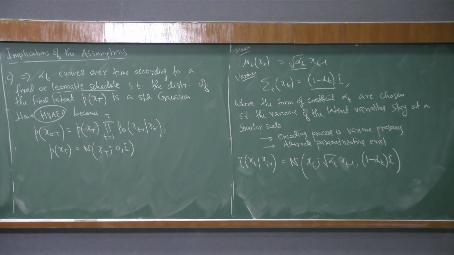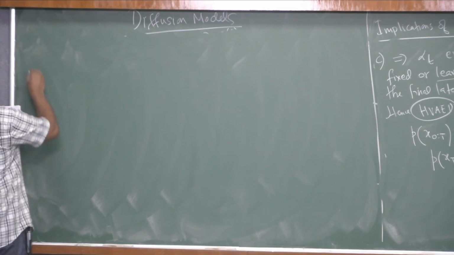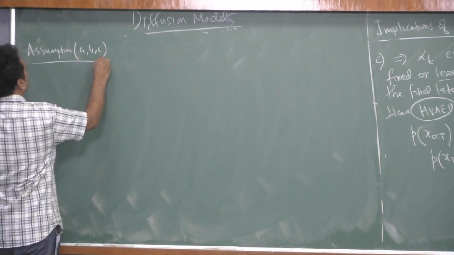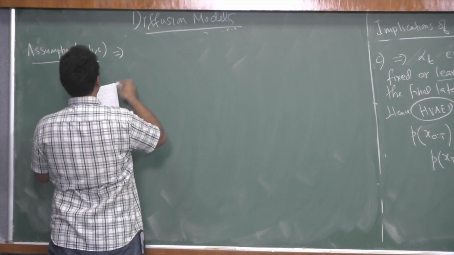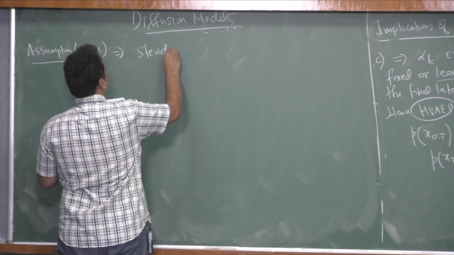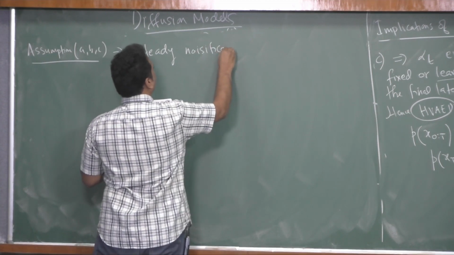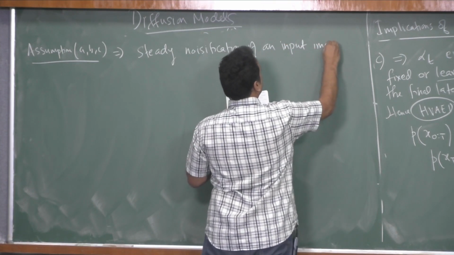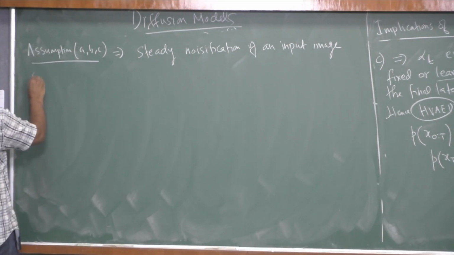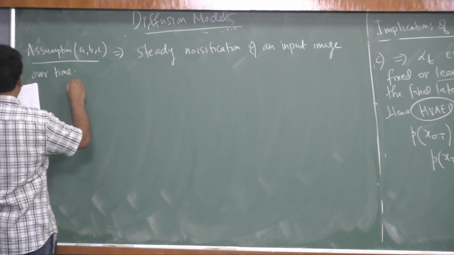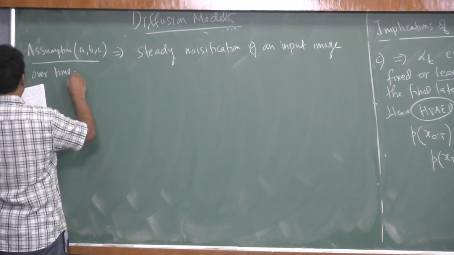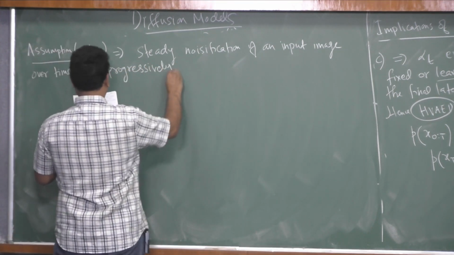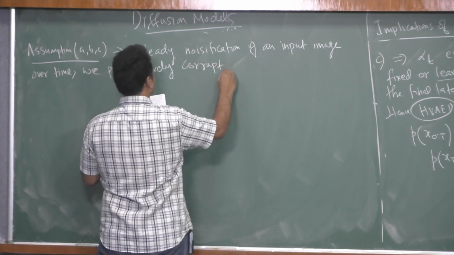All the assumptions A, B, C collectively tell us that there is a steady noisification of an input image over time. We progressively corrupt an image.